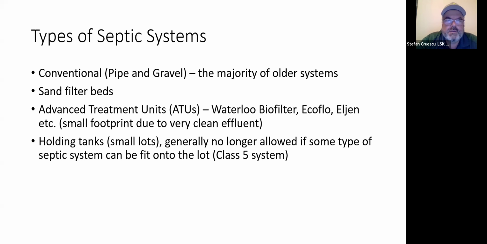That's the main advantage of these types of units. You may also see, especially on smaller lots, especially lakefront property, holding tanks. A holding tank is just a tank to gather waste. Nothing leaves the tank.